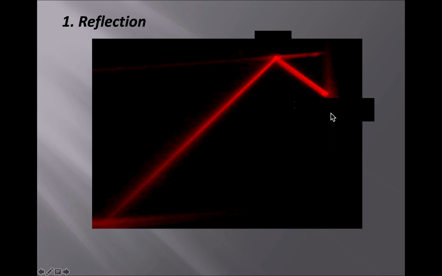Now here's another example, where this is actually referred to as internal reflection, but a laser light is shined through what I believe to be an aquarium, and it strikes the surface of the water and is reflected back down into the water again. But again, if you notice, this is the surface right here, and if you imagine the normal line, the angle from here to the normal is the same angle as from the reflected ray to the normal line.